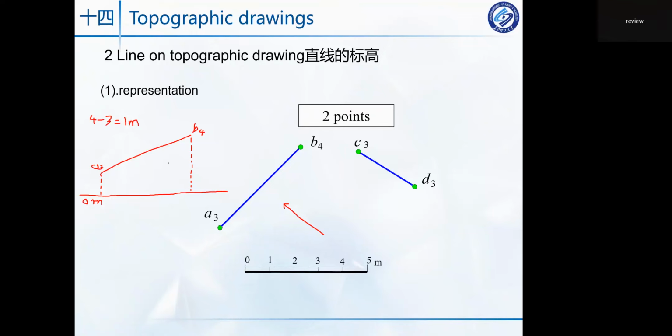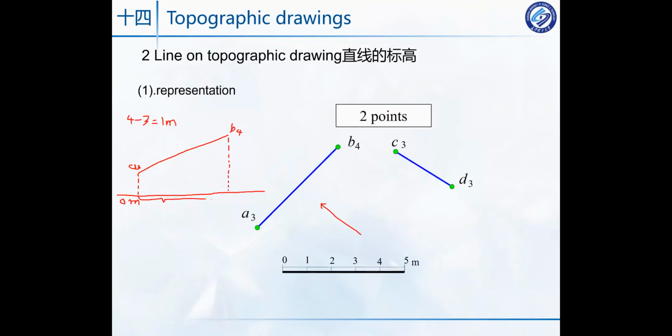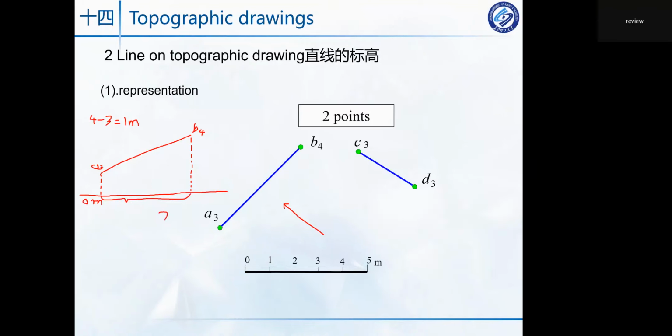And so now we have learned how to get the difference between 2 points. So how can we get the horizontal distance? If I get the horizontal distance, and the difference of the elevation between the 2 points is given, then we can get the slope.